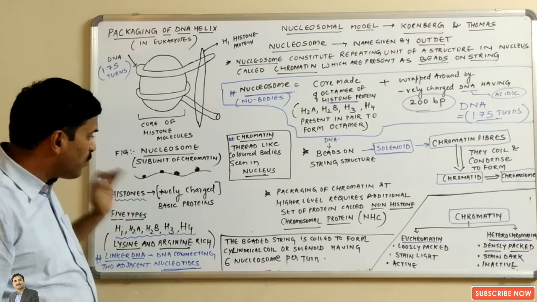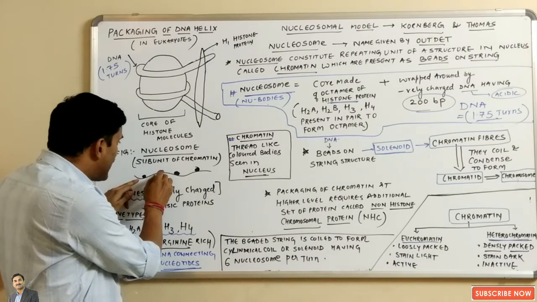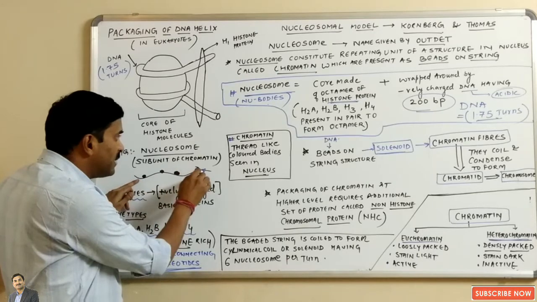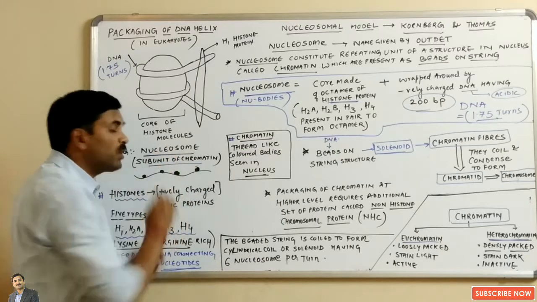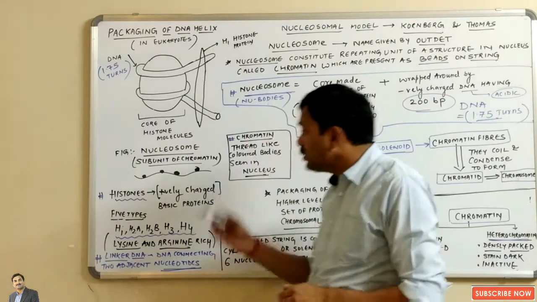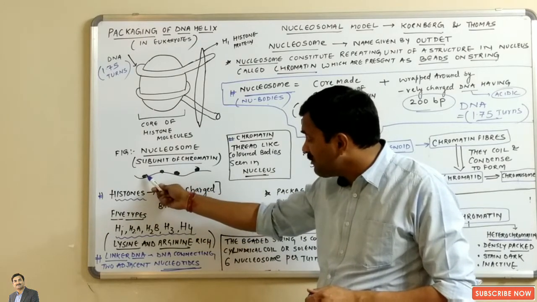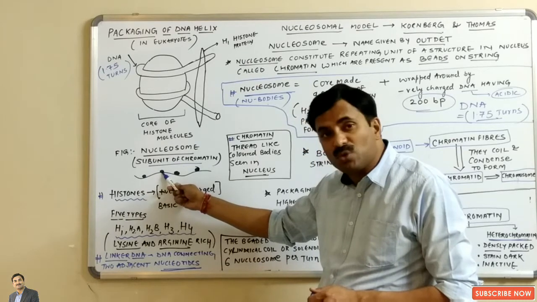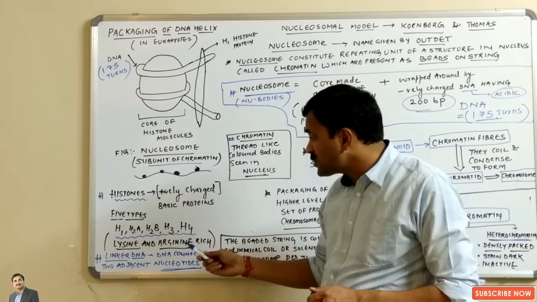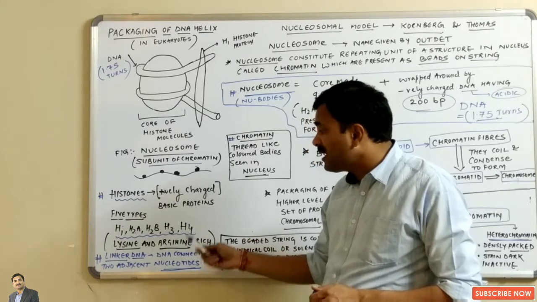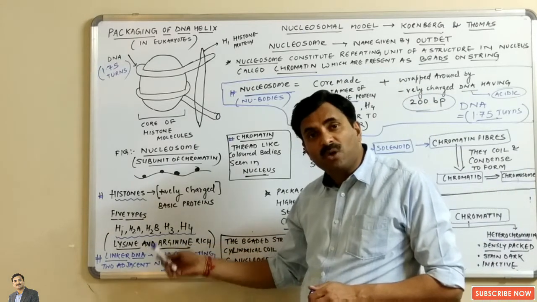Now you know very well that there are many nucleosomes on the chromatin, and that's why the nucleosome is called the subunit of chromatin. Okay, so you must know that adjacent nucleosomes, say this is one nucleosome and this is another nucleosome, are joined together with the help of a DNA, and that DNA is called the linker DNA.